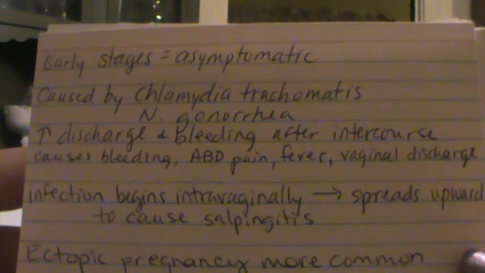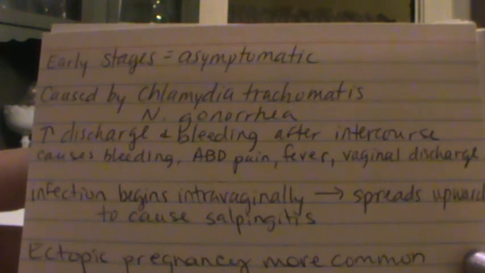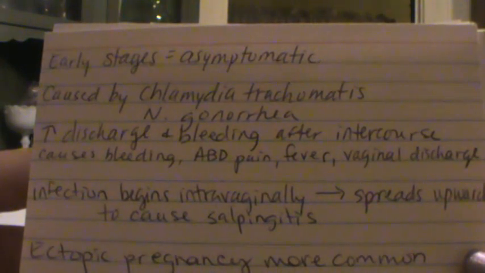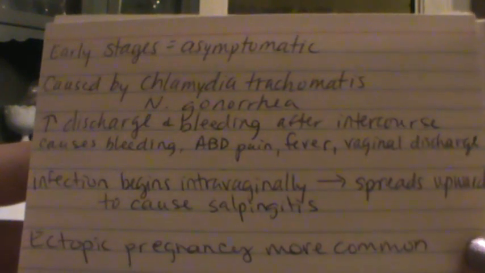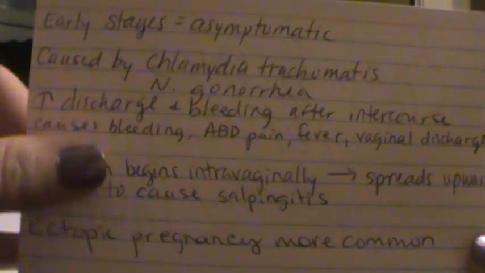Intercourse causes bleeding, abdominal pain, fever, even vaginal discharge. The infection begins intravaginally and then spreads upward to cause salpingitis, infection of the fallopian tubes. And ectopic pregnancies for these patients are common.